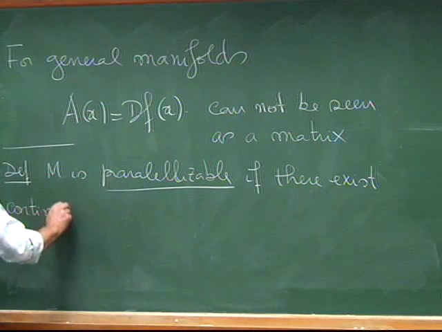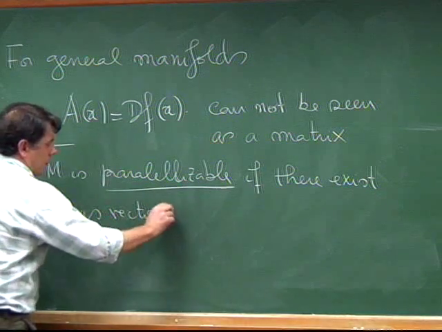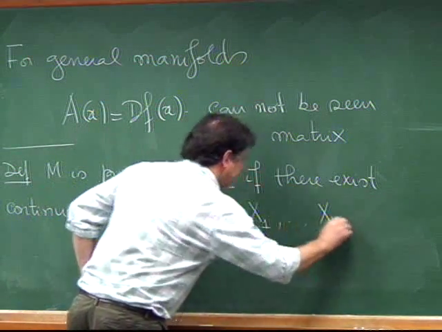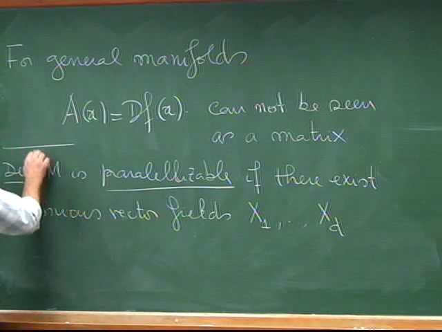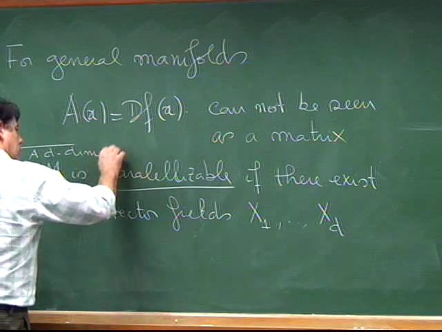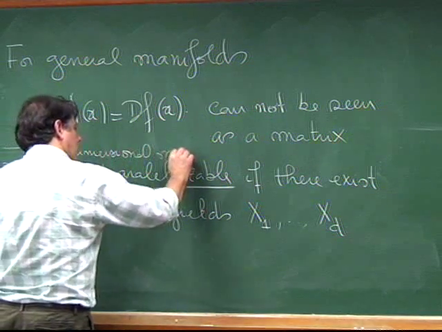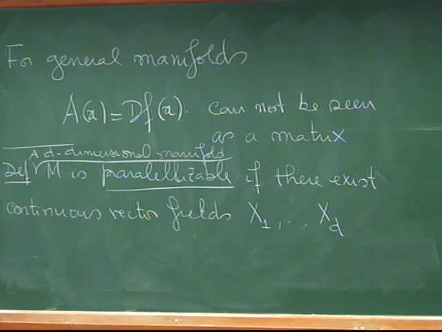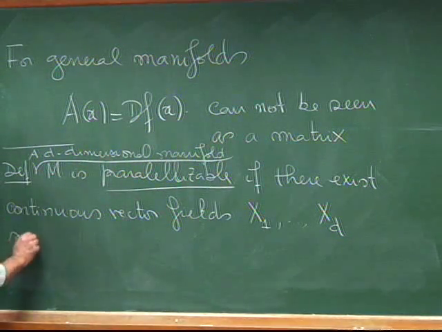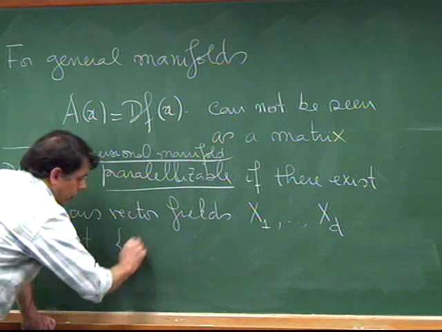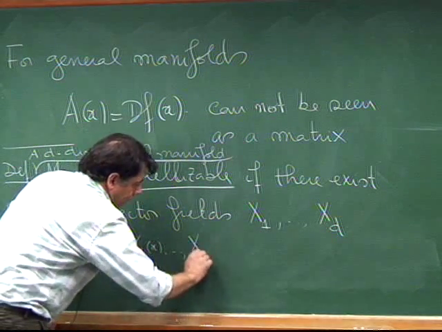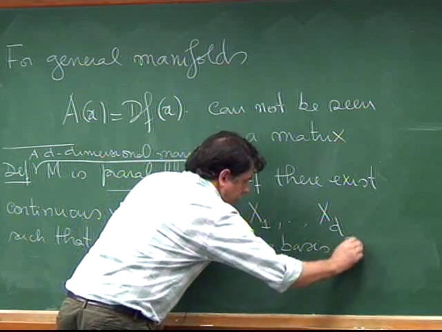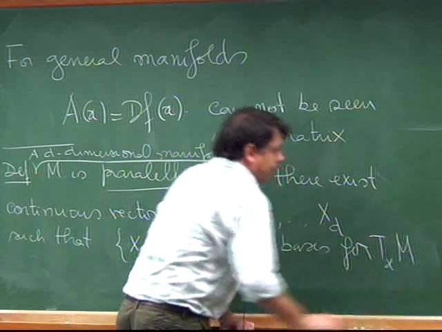A d-dimensional manifold M is parallelizable if there exist continuous vector fields x1 through xd, where d is the dimension, such that the value of these vector fields defines a basis for the tangent space at every x.